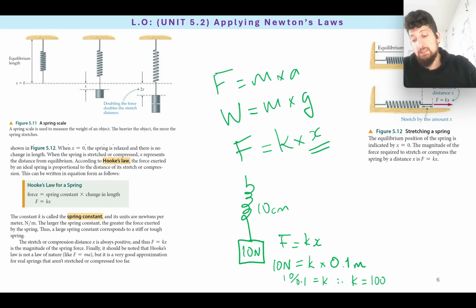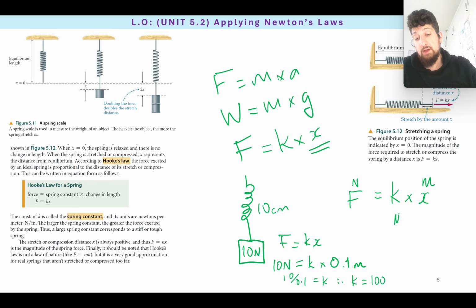Well, let's see. The unit for force is newtons. The unit for K, we don't know. I do know, but I'm just going to show you how to get it. And the unit for length, or x, is meters. So I must multiply this by that in order to get this.